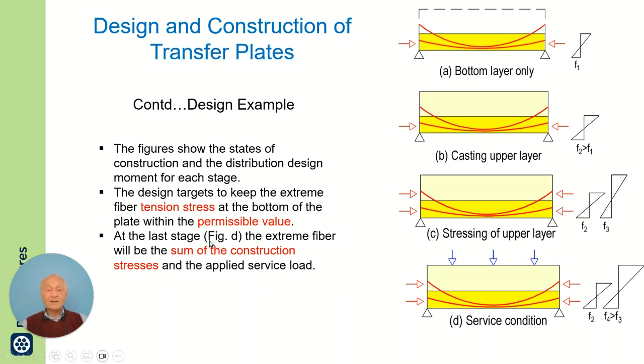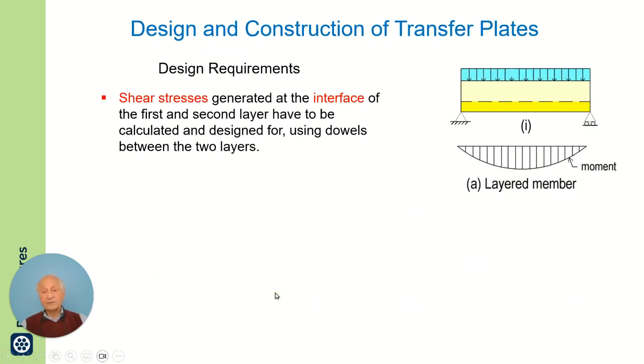At the last stage, figure D, the extreme fiber stress will be the sum of the construction stresses and the applied load. Shear stresses generated at the interface of the first and second layer have to be calculated and designed for using dowels between the two layers.